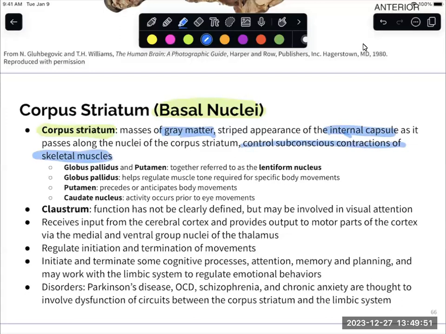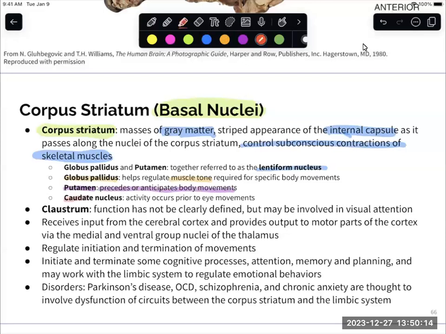So, the globus pallidus and the putamen are also known as the lentiform nucleus. So, this globus pallidus, muscle tone. Putamen precedes or anticipates body movements.